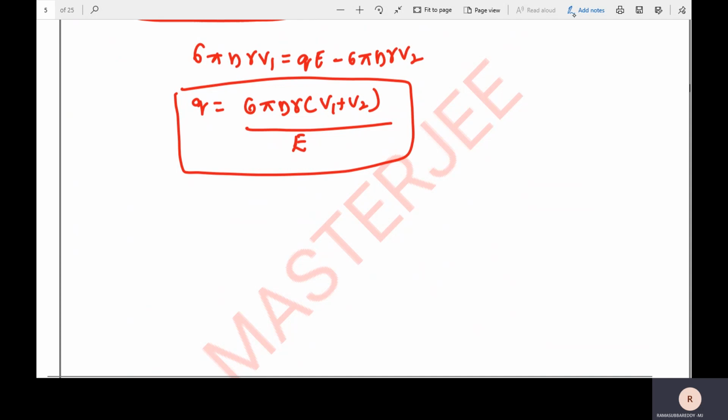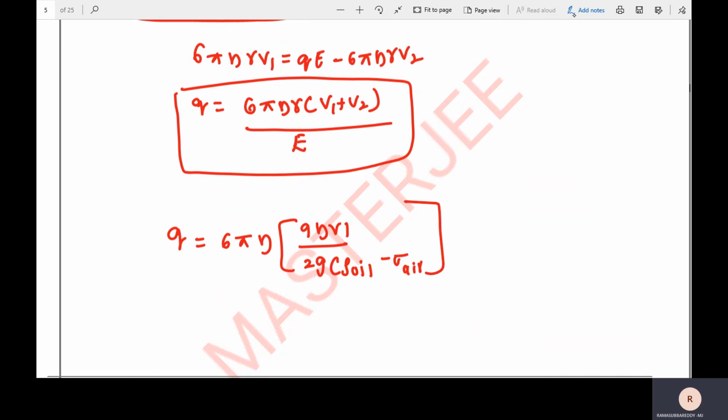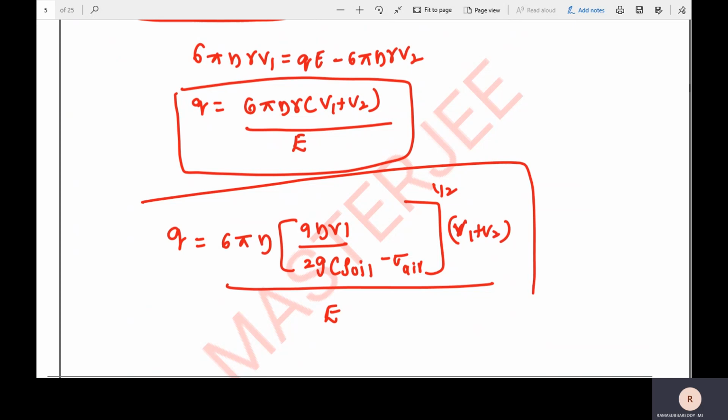We will get the charge Q is equal to 6 pi eta, radius is 9 eta v1 by 2g density of oil minus density of air, all to the power of 1 by 2, times v1 plus v2 by E. This is our charge of the oil drop.